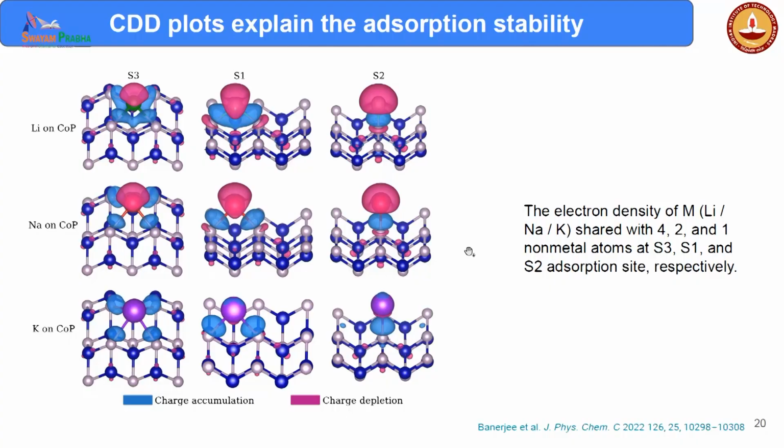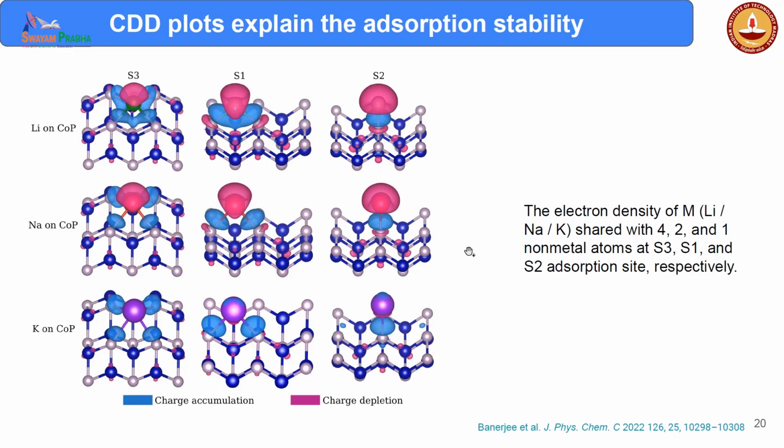That difference is plotted here, where charge accumulation is shown in this cyan color and charge depletion is shown in the magenta color. So accordingly, you can see from where the charge is depleted for each of the systems. The metal atom, this is the adsorbed metal atom, is where charge depletion is happening, and the charge is accumulated on the non-metal atoms, okay?